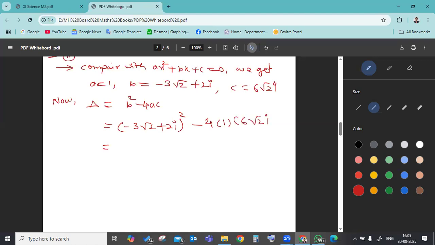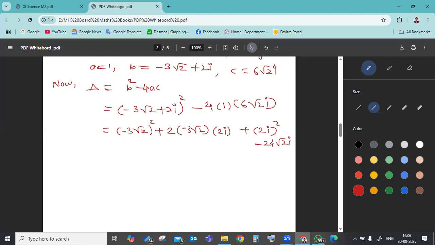It is (a plus b) square, a square plus 2ab plus b square. Okay, then this minus 4 sixes are 24 root 2i, minus 24 root 2i.